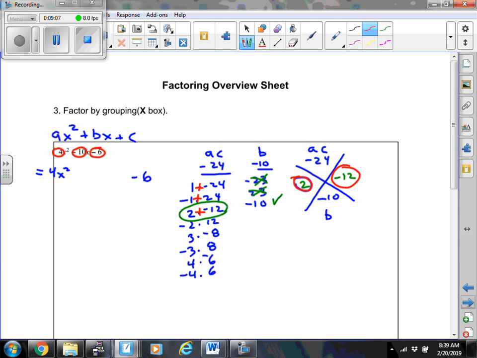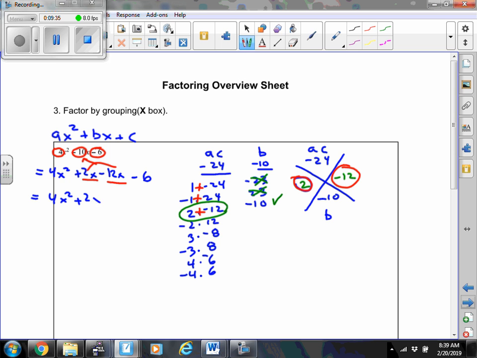So what I'm going to do is combine 2x and the negative 12x. See, these two together come together to create that negative 10. If I added like terms, 2x and negative 12x would give me negative 10. The reason we're doing this is because that is going to allow us to separate this into two factors.